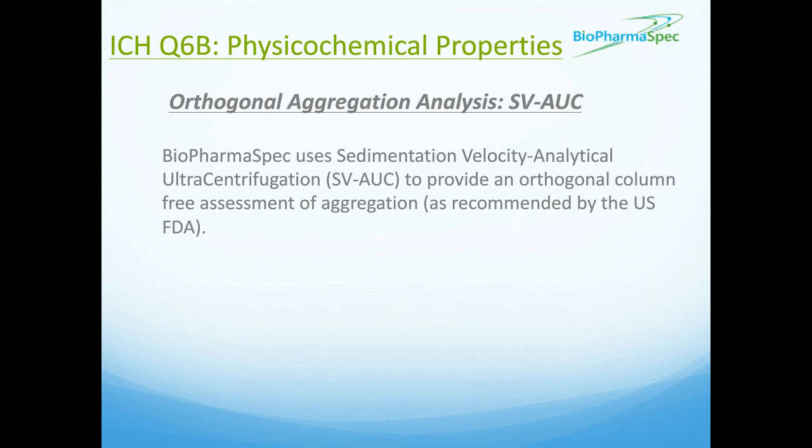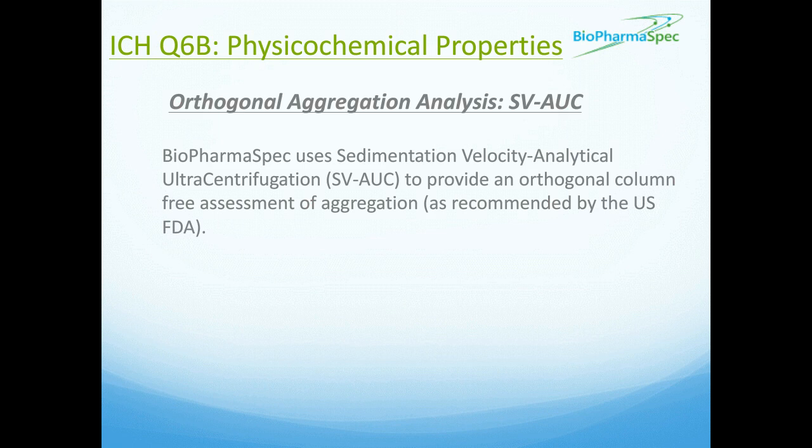And it has been seen that if you have non-covalent interactions and attractions that can still form aggregates, SEC-MALS and SEC can disrupt these and pull them apart. So again, you don't actually see the non-covalent interactions and aggregates.